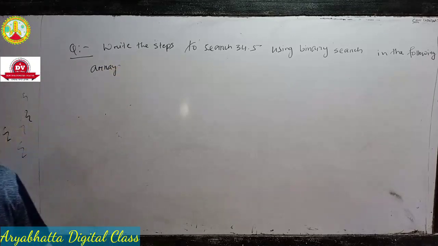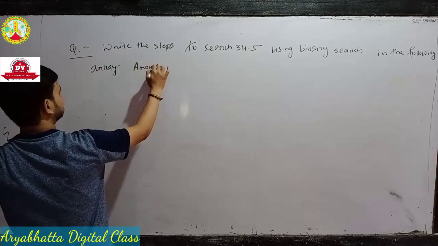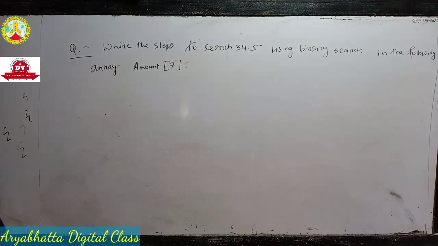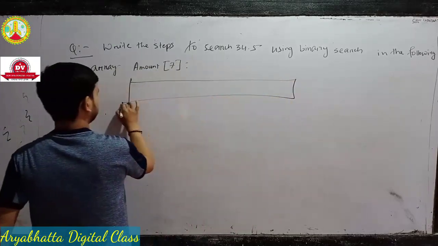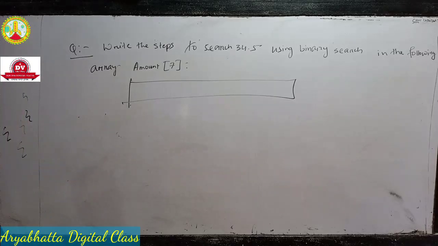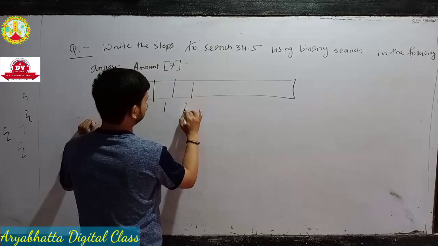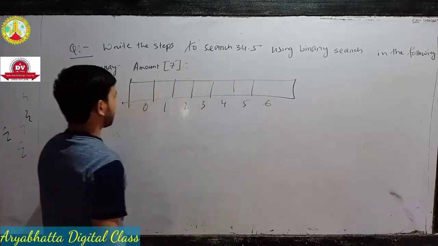In the following array, amount[7]. You see, your array's name is amount. Seven means indices 0, 1, 2, 3, 4, 5, 6. See it.